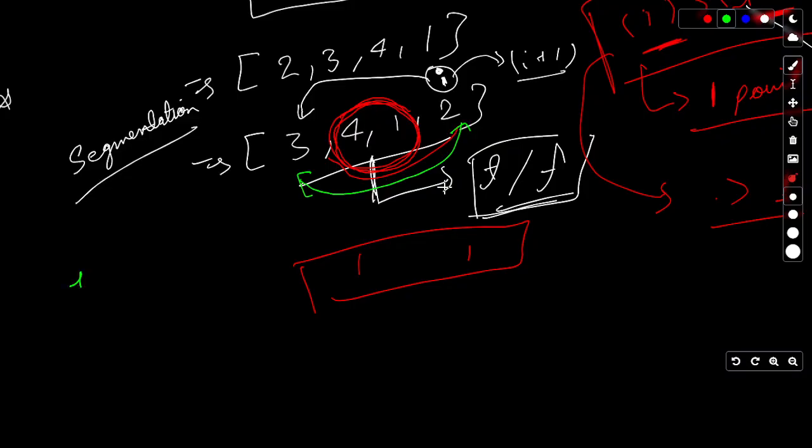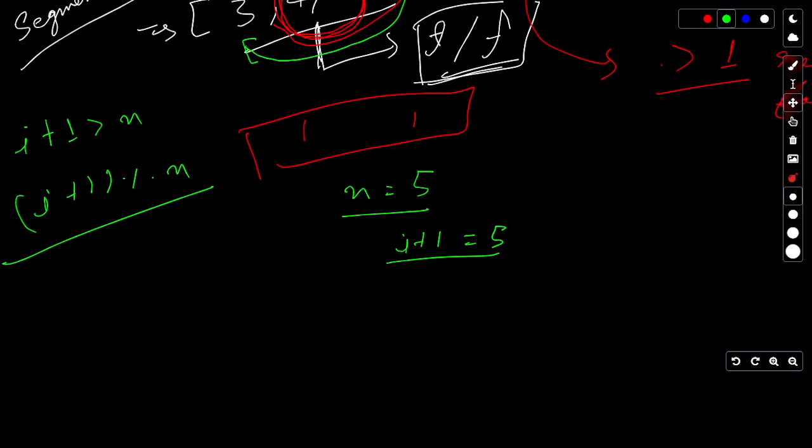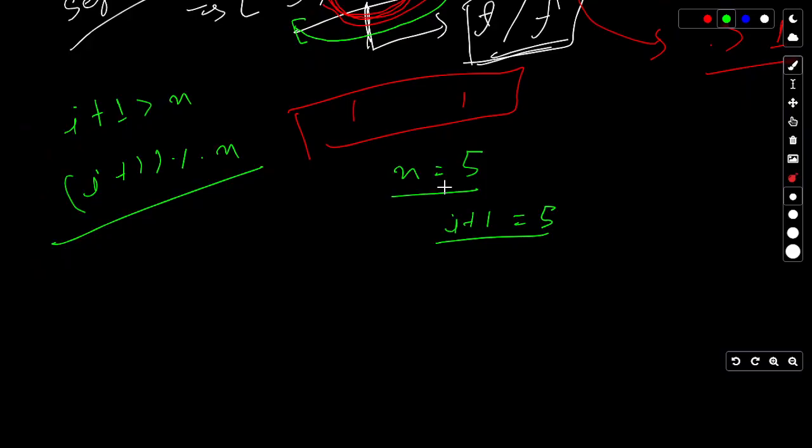So what we can do is, if i plus 1 is greater than n, we can have i plus 1 mod n, right? So if n is basically 5 and i plus 1 is 5, how will it go down to the first element?